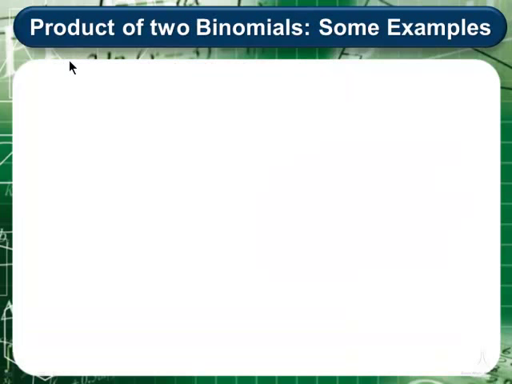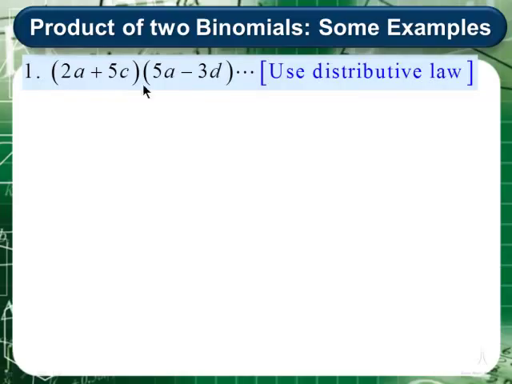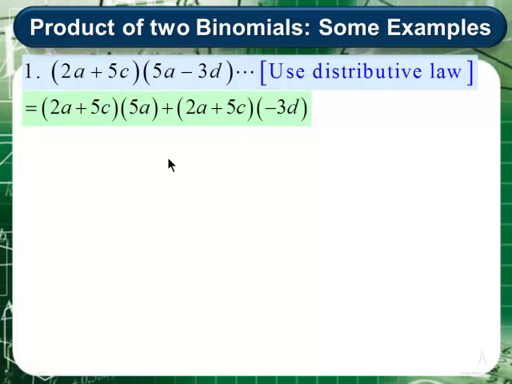Let us look at a number of examples where we apply the techniques to expand a product of two binomials. In the first example, where we have the two binomials as indicated in the brackets, if we multiply this together and if we decide to use the distributive law, then in the first case we will take the unit 2a plus 5c, that is the binomial on the left hand side, and multiply it into the bracket using the distributive property.